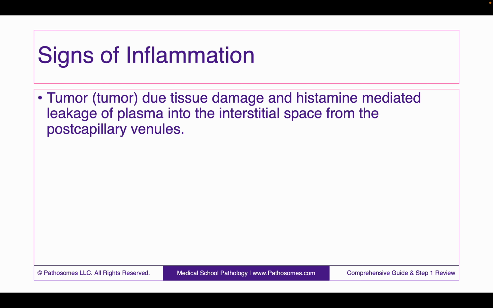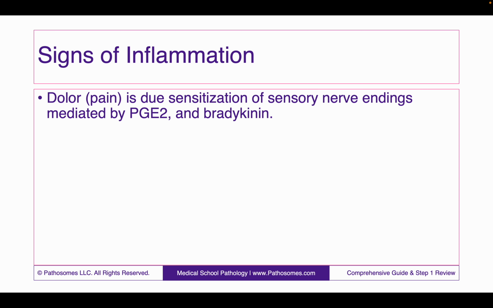Tumor, due to tissue damage and histamine-mediated leakage of plasma into the interstitial space from the post-capillary venules. And dolor, pain, is due to sensitization of sensory nerve endings mediated by prostaglandin E2 and bradykinin.